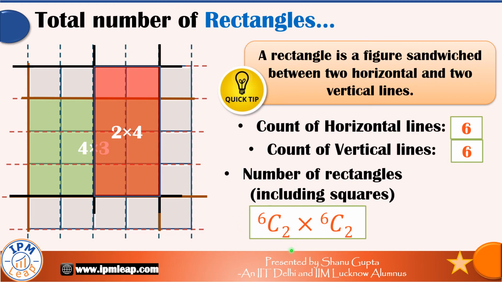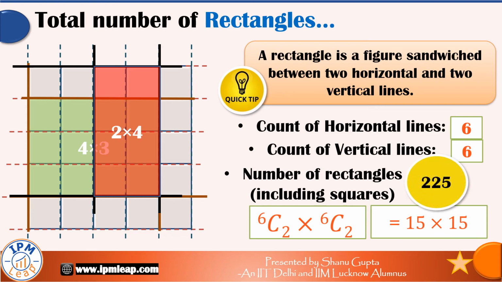And similarly, two vertical lines out of 6 can be picked in 6C2 ways. So by the fundamental rule of counting, together we can pick two horizontal lines and two vertical lines in 6C2 into 6C2 number of ways, and 6C2 has a value of 15. So the total number of rectangles in this grid is 15 into 15. That makes 225. And this figure includes the number of squares as well.